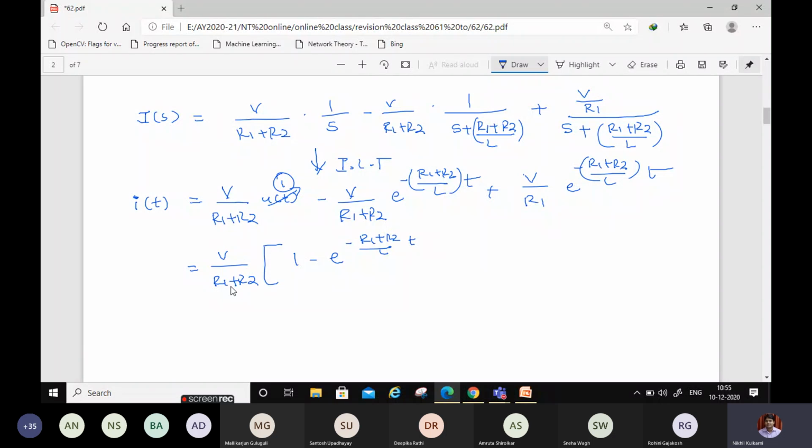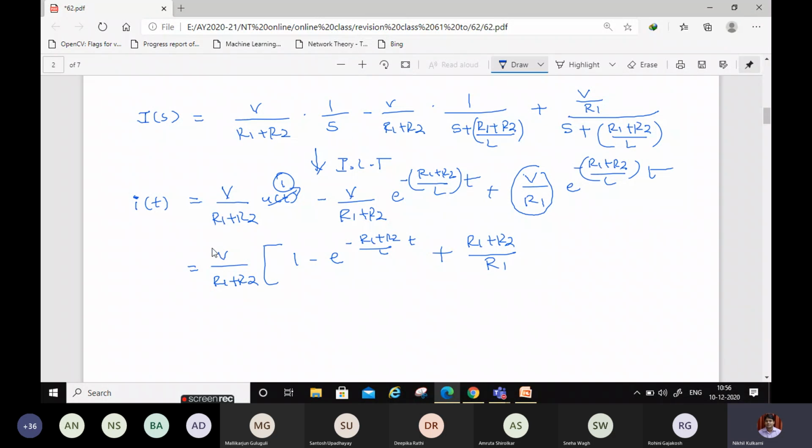If I take v divided by r1 plus r2 as common, here you have to make some adjustment. If you multiply by (r1 plus r2) divided by r1, you will get back v by r1. Are you getting this point?